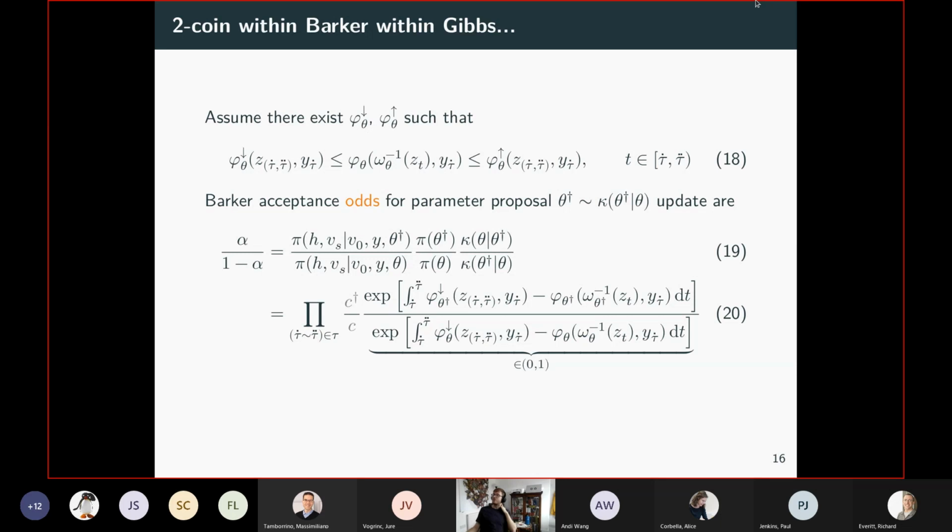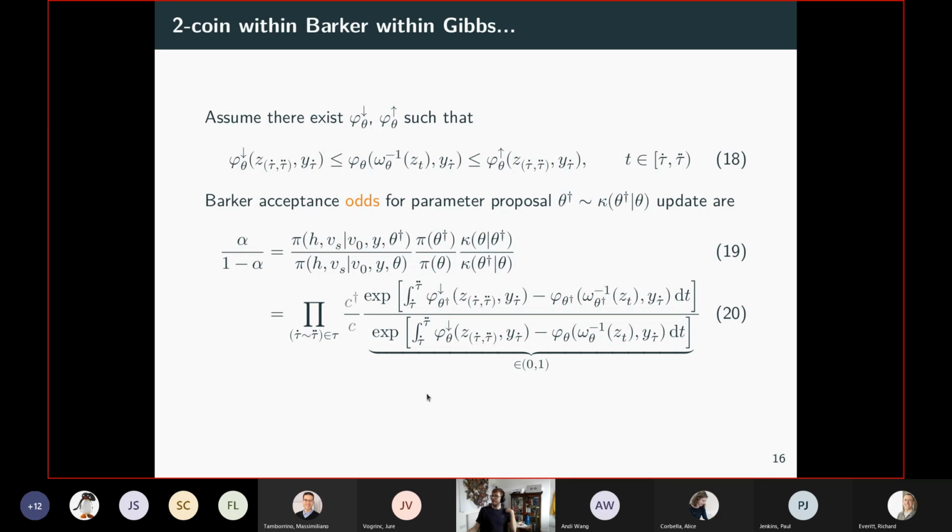And so if we assume that there exists a lower and an upper bound on phi, so that was the integrand within our path integral, then we can write the acceptance odds in terms of Barker's algorithm for some parameter proposal, as I do here. So this is for the update of the parameters of the diffusion given the missing data.